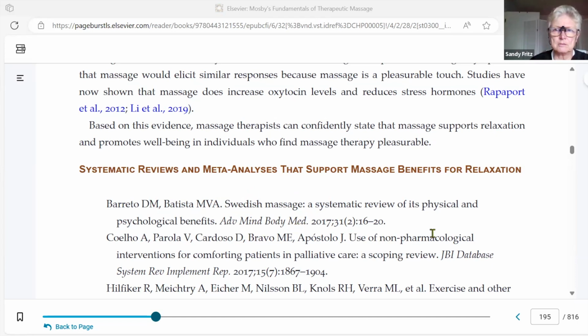the research has really slowed down in justifying massage, and a lot of it is coming more from other countries.